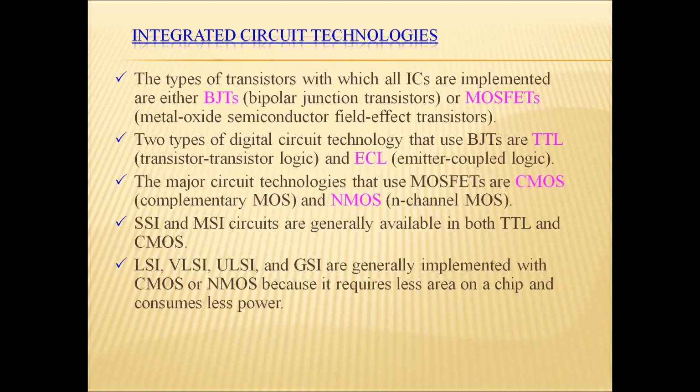As you can see here, the types of transistors: transistors are basically switching devices, and in both ways they are used. BJTs are used and MOSFETs are also used. MOSFET stands for metal oxide semiconductor field effect transistor, but practically BJTs are not used because of a lot of limitations.